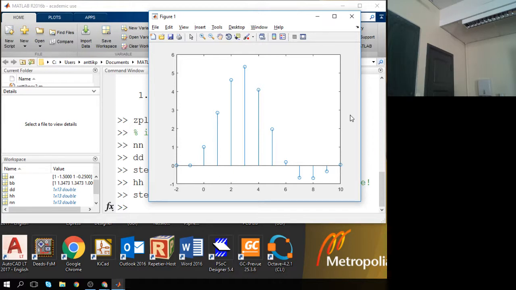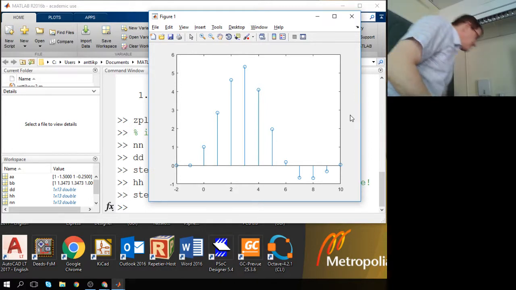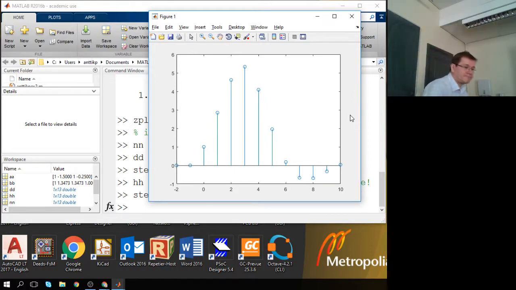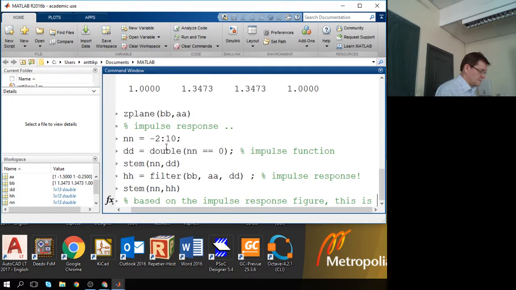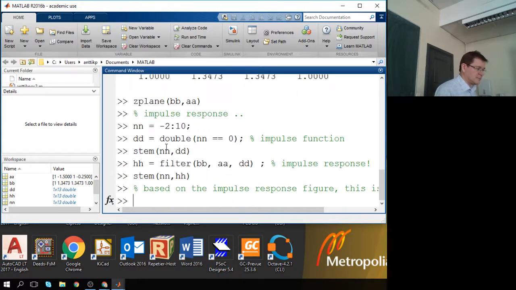So we just need to check if there are any non-zero values here, and that's it. This is IIR system. Okay, good. That's test checked.